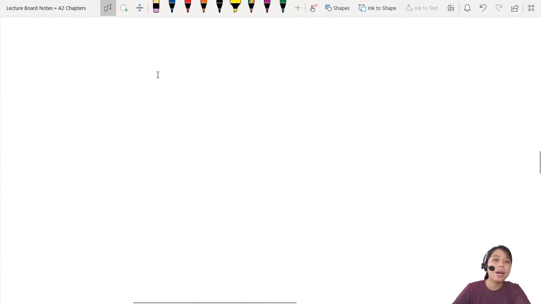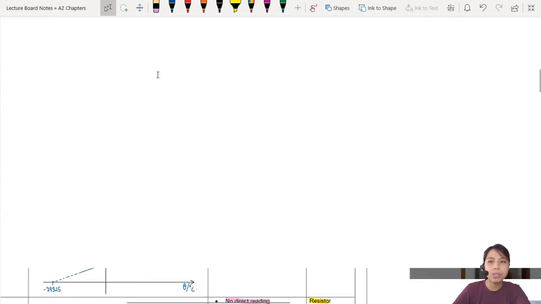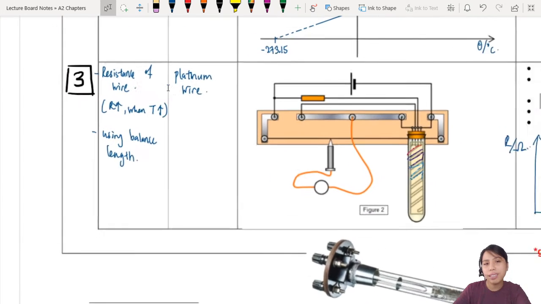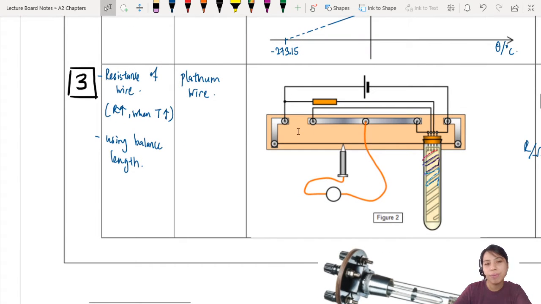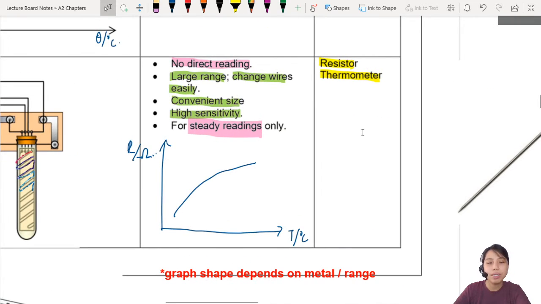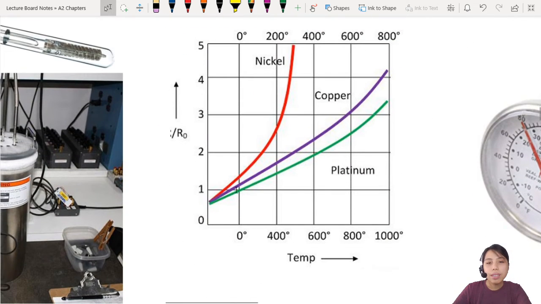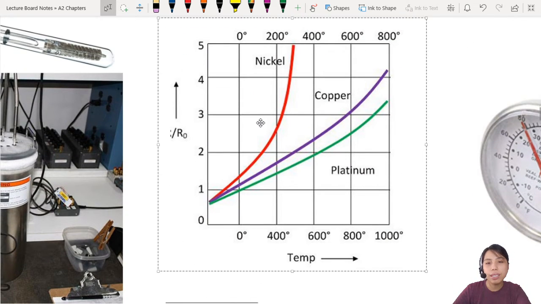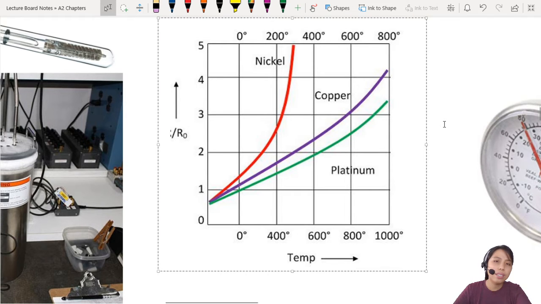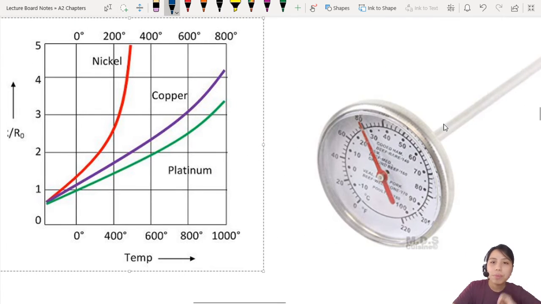So, a quick rewind. If we go to the previous section, thermistor can come under the class of resistance of wire, kind of. Because the thermistor is based on the resistance of a special resistor. Normally, the higher the temperature, the higher the resistance for all these ones here. But thermistor is going to be the other way around, so just add on here.